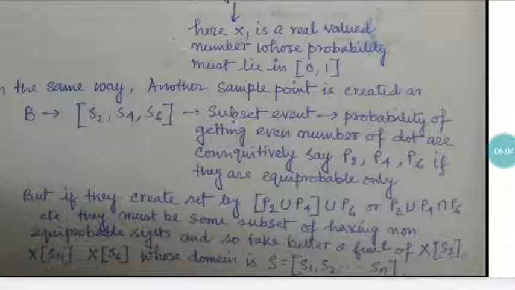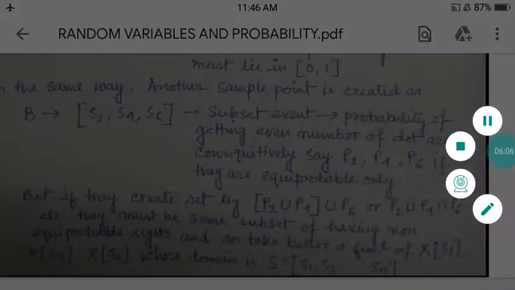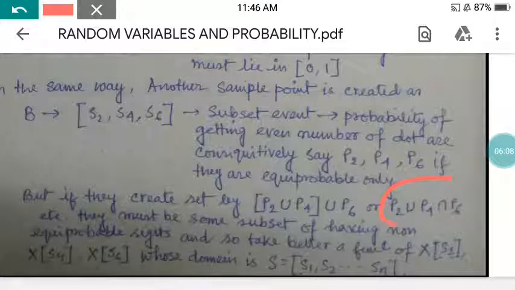here. You can follow my slides. This particular point I want to mean here, this is called the intersection and this is called the union. Okay, so union means addition and intersection means subtraction in the sense, but not actually in the set theory. So here what is the meaning of P2, P4 and P6?